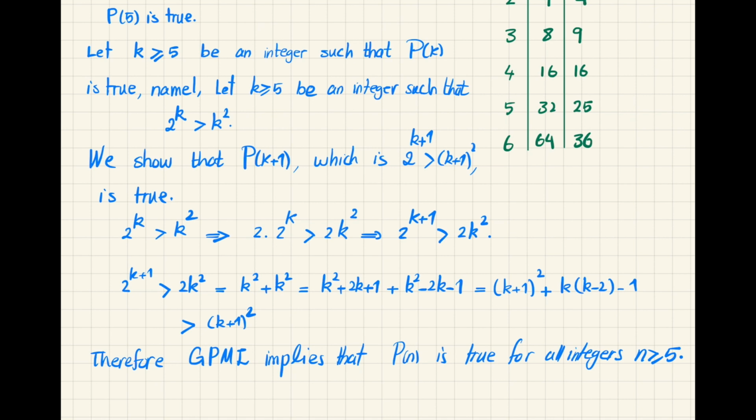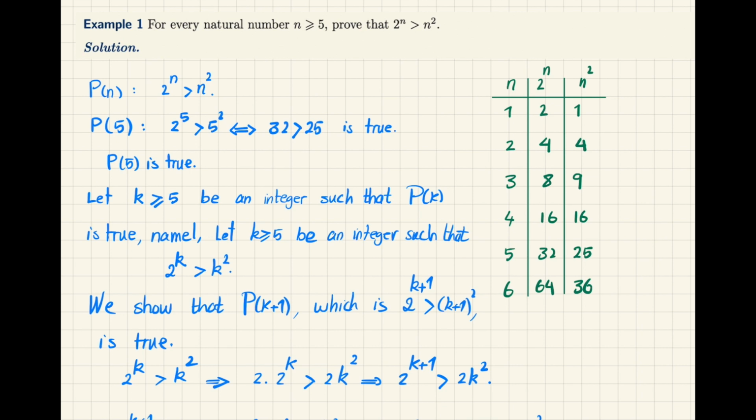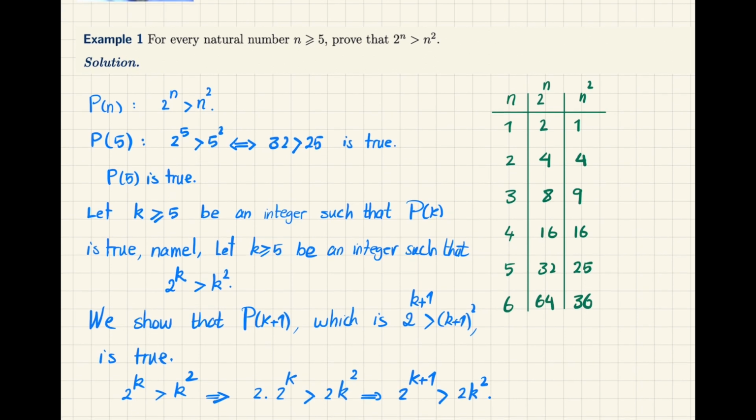But before finishing and going to the next topic, I want to mention some point here. Because this problem was in such a way that for the first one, n equal to 1, if I ask you, is p1 true or false? You see that p1 is indeed true. So assume that you wanted to prove the same statement not for n greater than or equal to 5, but just n greater than or equal to 1.